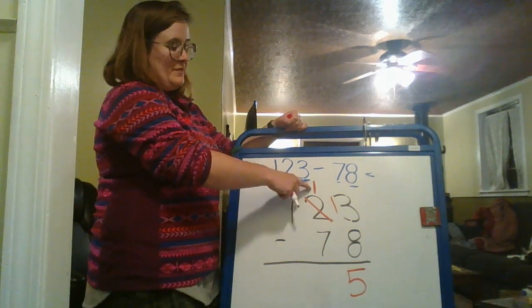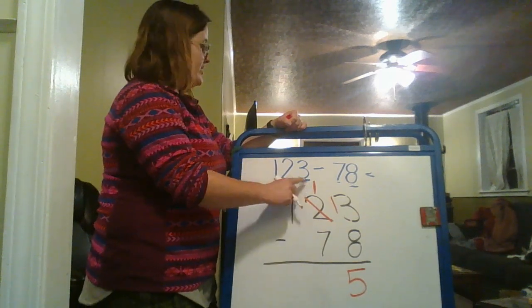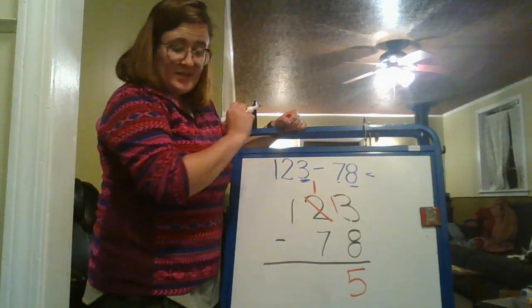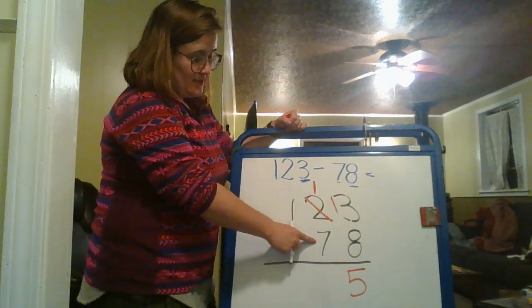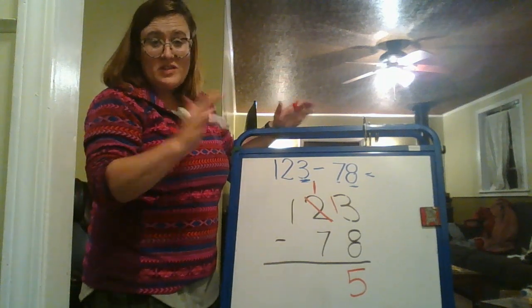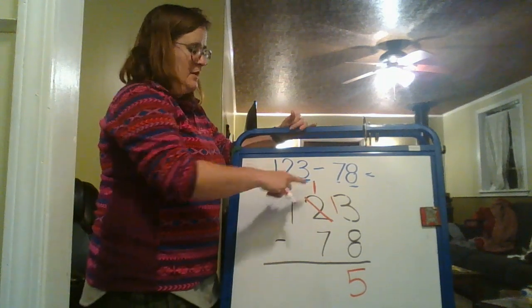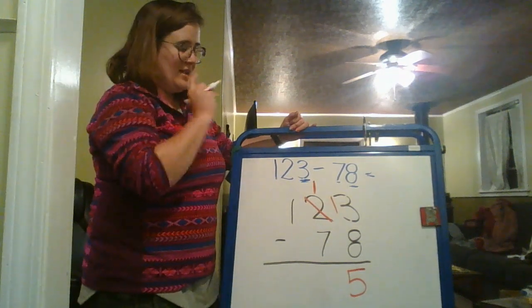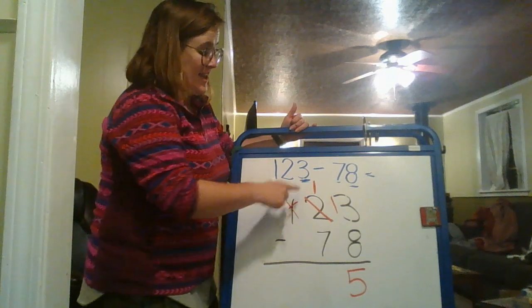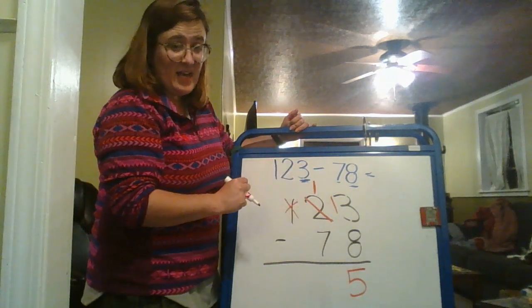Okay, same thing. 1 10 minus 7 10s. I cannot do that, and I cannot make the answer 6, because if I put the 7 here, it doesn't make sense anymore. I've switched the numbers around completely. Okay, 1 10 minus 7 10s. Can't do that. I'm going to take this 100, and I'm going to turn it into 10 10s.